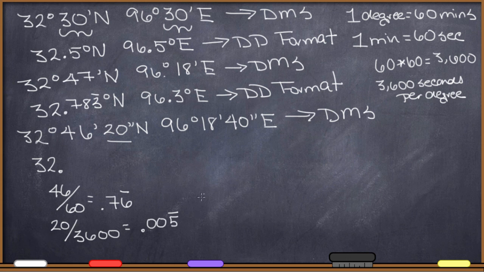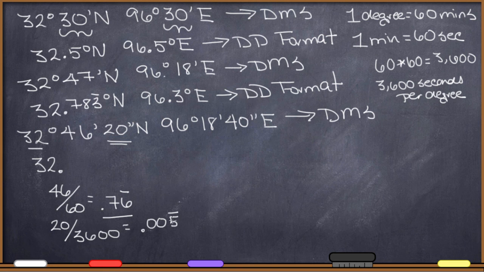Okay? So what I do now is add all of these together. I've got the whole number over here, 32, that's going to stay the same, but then I'm going to add to it 0.76 to add in my fractional minutes, and then I'm going to add in 0.005 repeating, in order to add in my fractional seconds.